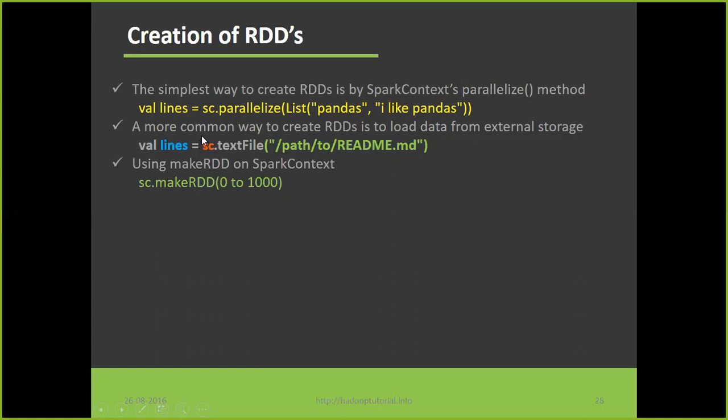The more common and most used way is loading files into Spark context: sc.textFile, load the files, so it creates RDDs. And if you want to make an RDD just with some numbers or values that you provide, the third option is sc.makeRDD(0 to 1000). This is nothing but a list of integers from 0 to 1000. So these are the three different ways of creating RDDs.